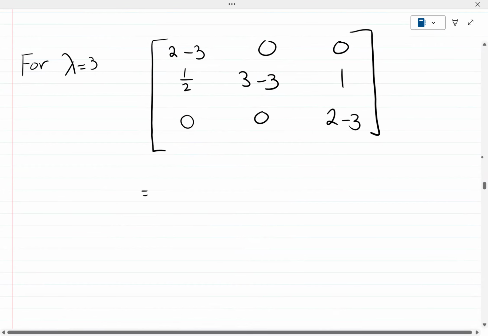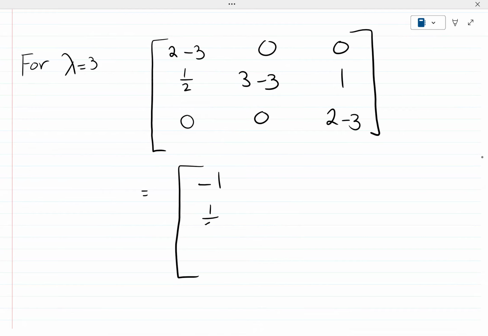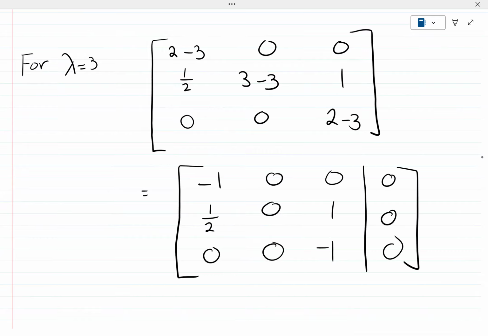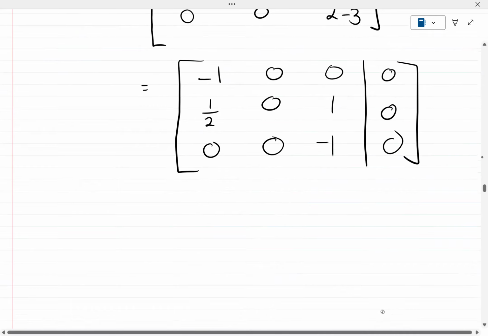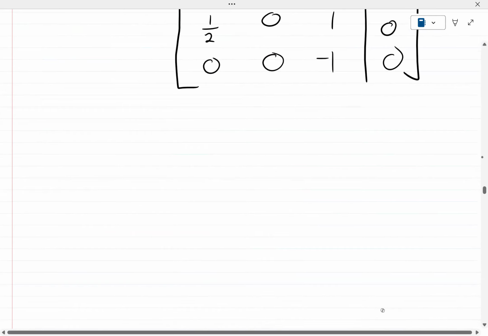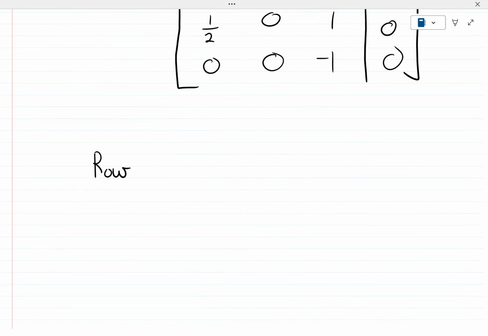You're going to get this: negative 1, 1 half, 0, 0, 0, 0, 0, 1, negative 1, augmented with 0, 0, 0. And then what you want to do is row reduce. When you row reduce, you get this.